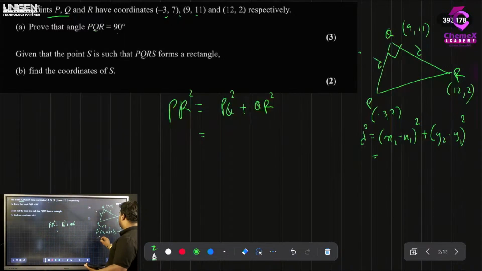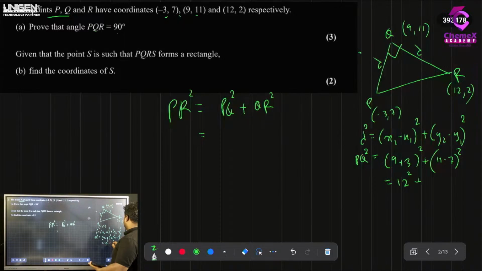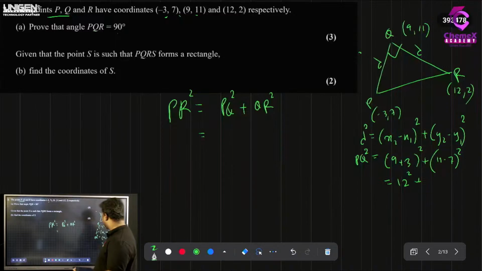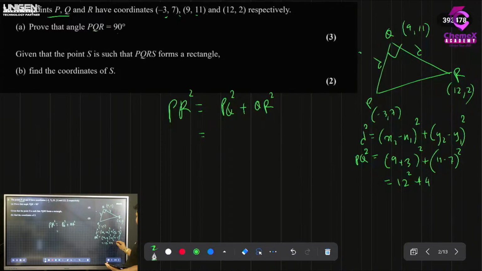So if I want to find PQ squared, it is 9 plus 3 squared plus 11 minus 7 squared. So that's 12 squared plus, what's 11 minus 7? 4 squared.